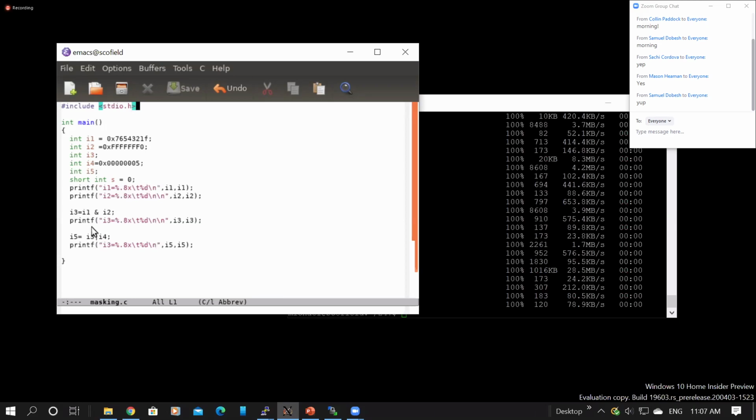So now I'm going to take that I3 thing where we masked the F off on the right, and I'm going to OR it with I4. And you'll notice I4 has all zeros and then a 5 in that position. So when you're ORing, if you don't want to modify this part, you put zeros, right? And when you want to modify that part to put it in, you put something there.